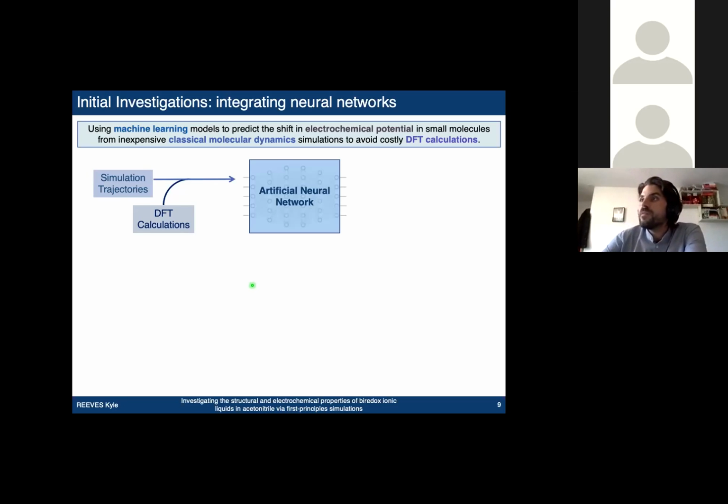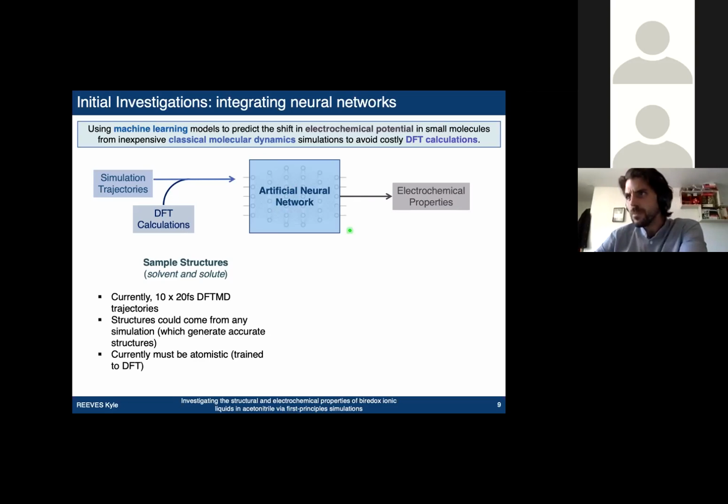So the DFT calculations will be used as the reference, the real value, and ultimately to be able to take any structure that we can recover, feed it into the neural network, and predict an energy gap that can be then related to the electrochemical potential.